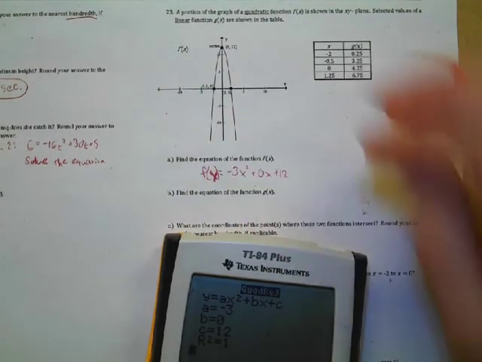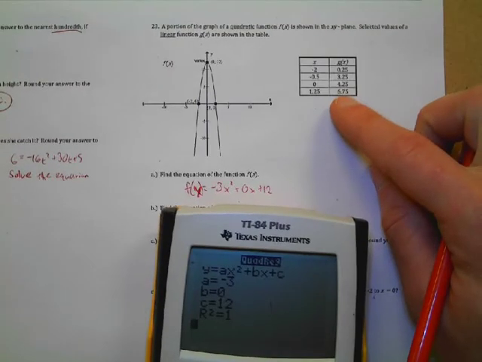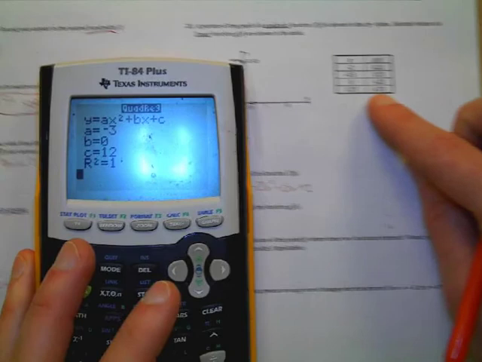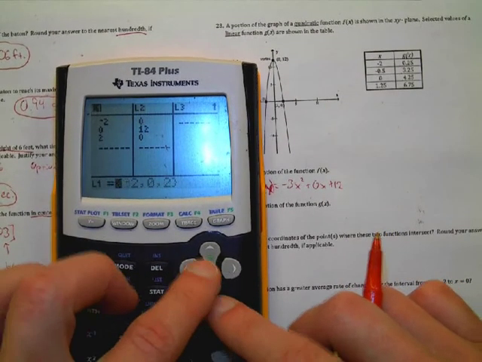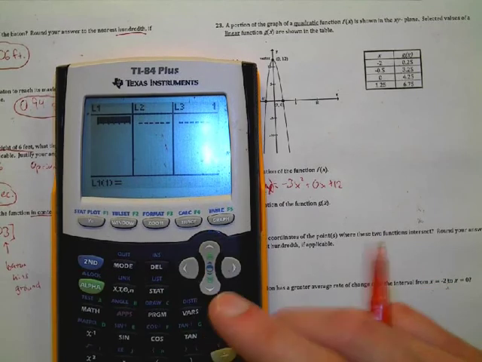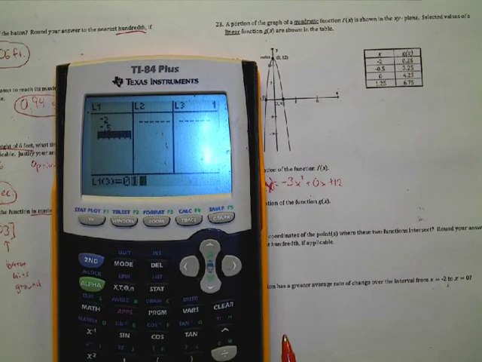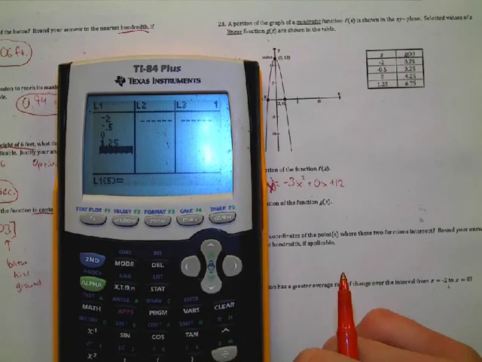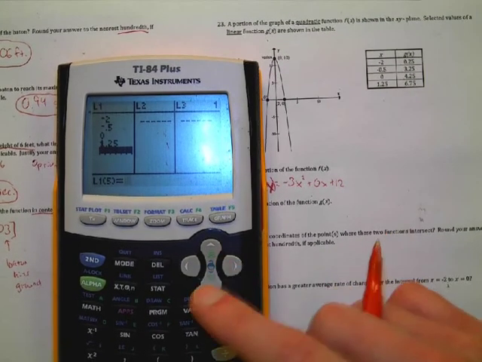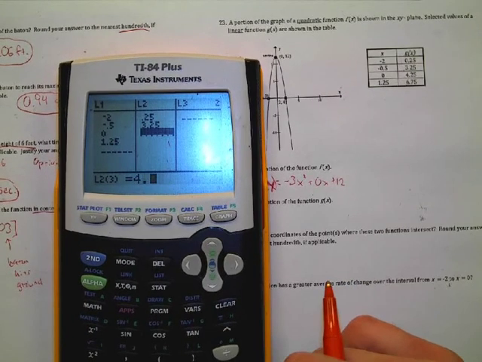Okay. And then for letter B, we'll do g of x. And it's the same thing. We'll just fill in the numbers from this table. Okay, so let's see if I can squeeze all that on here. So stat edit. And I'll refresh you guys about this on Monday as well here. Okay, and then, so there's my x's, and then 0.25, 3.25, 4.25, 6.75.